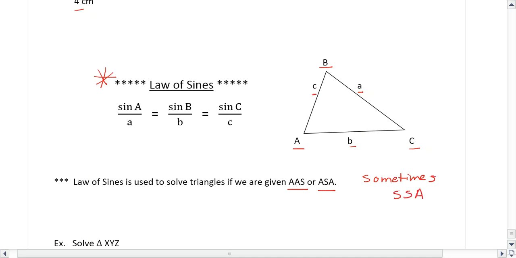The reason I wrote sometimes is because you'll remember that side, side, angle did not work to prove triangles congruent when you were in geometry, because sometimes this will make a triangle and sometimes it won't, because one side will be too short. In Algebra 2, we are going to deal with this case when the triangle does exist. So if I give you a picture with side, side, angle, the triangle exists, and we will be using the law of sines.